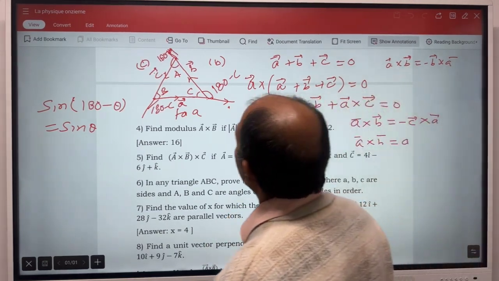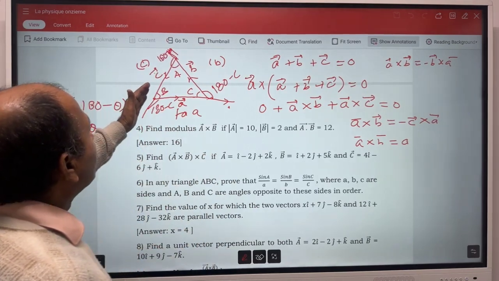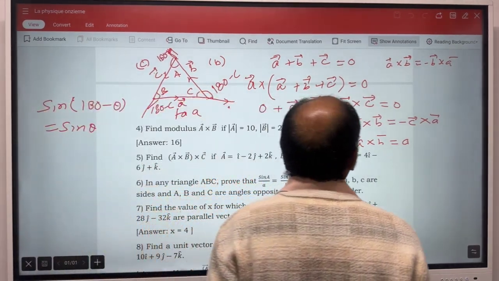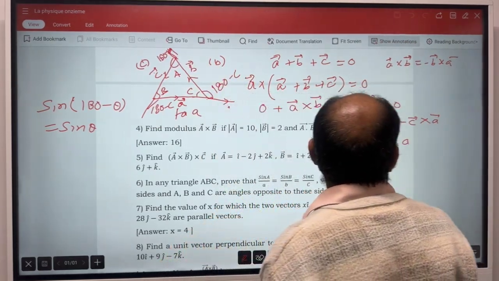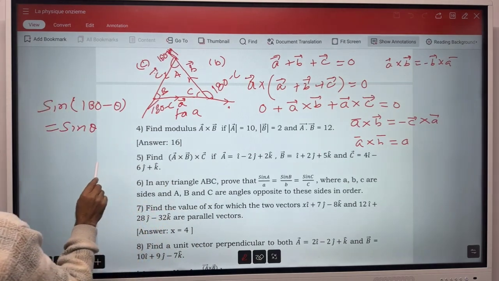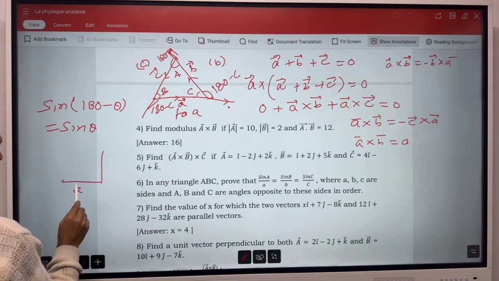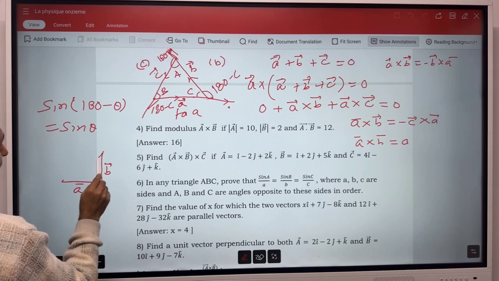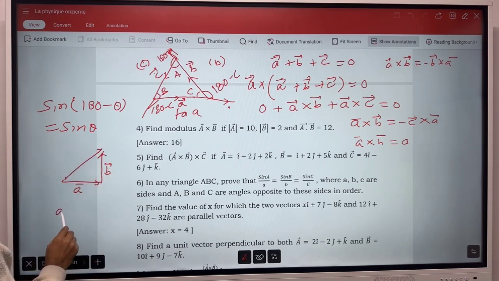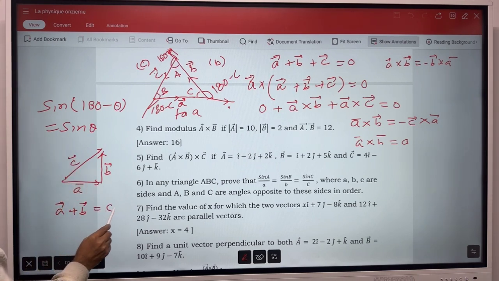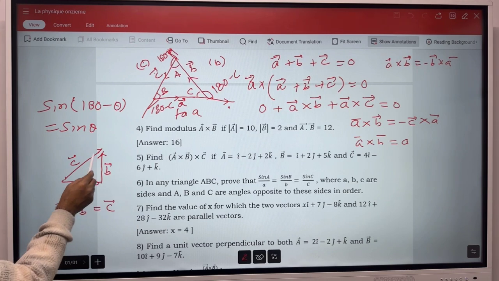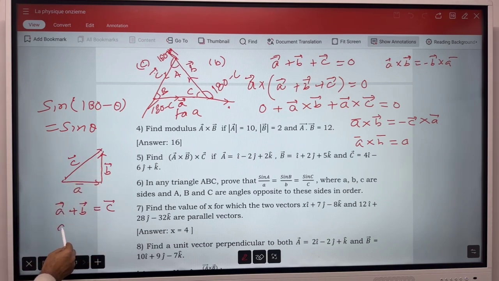But here one more thing you have to notice, that the direction of C is just opposite. So in this case, if you write the correct value, the direction of C is this. I can tell you one more thing so that it may become clear. Suppose this is vector A, this is vector B, directed like this. Then the third vector, vector A plus vector B, will be vector C. If you take it on this side and change the direction, then this will become vector A plus vector B minus vector C equal to 0.